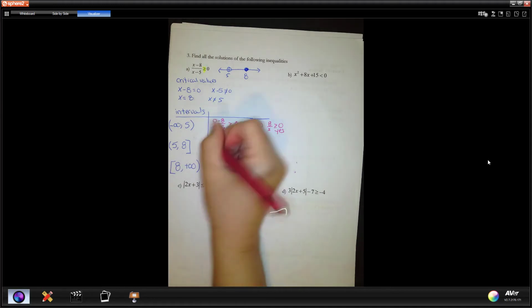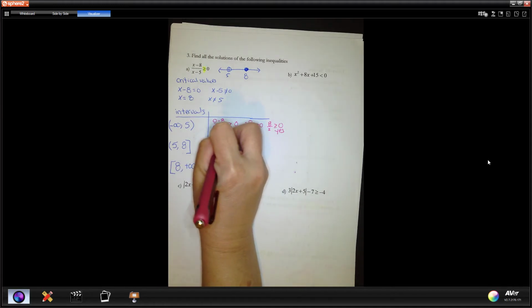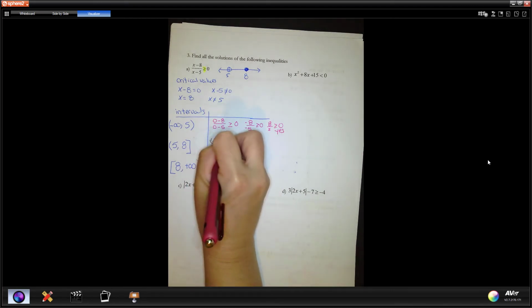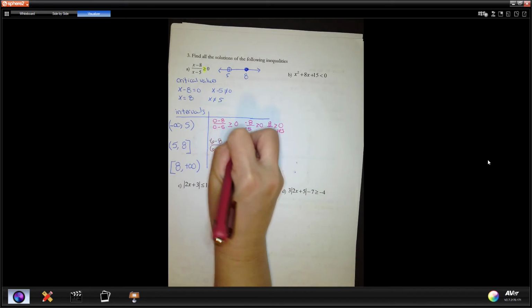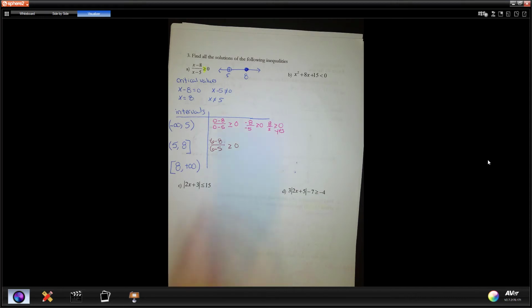So now pick a number between 5 and 8, not including 5, not including 8. So let's go ahead and let's say 6. So now I want to know is 6 minus 8 over 6 minus 5 greater than or equal to 0.